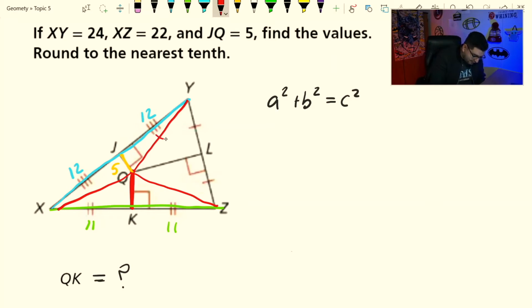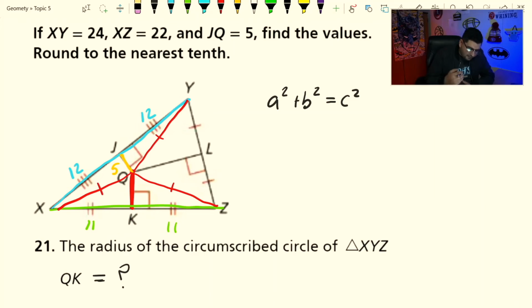These are all the same length. If we know one of them, then we can use the Pythagorean theorem to find out what QK is on one of these lower triangles. But first, we need to find the length of that. And we can use one of these two triangles to help us find it.